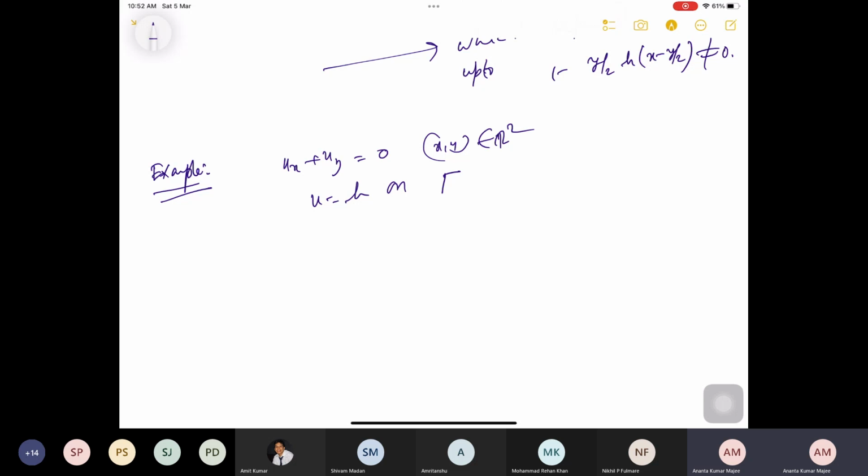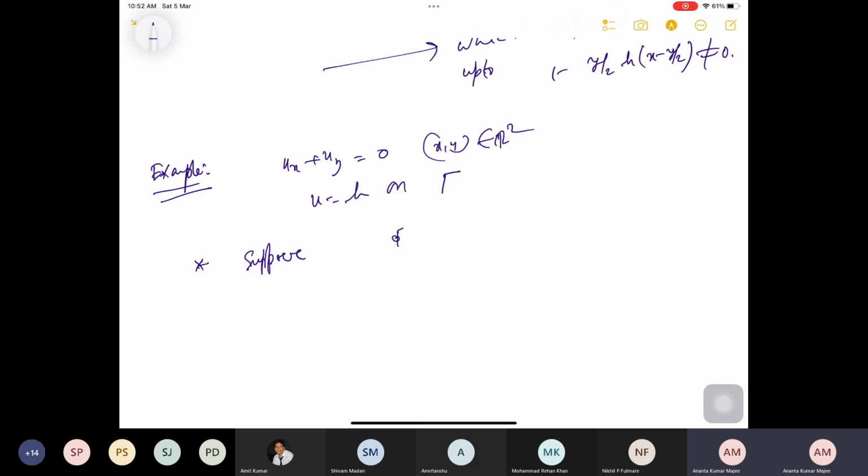So depending on your initial curve, suppose my gamma is non-parallel to y equal to x. Suppose gamma is something like that.